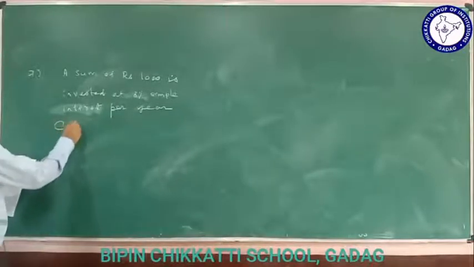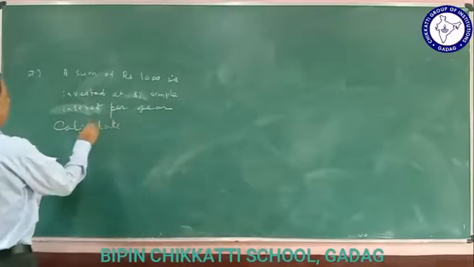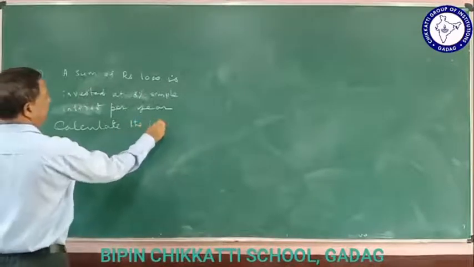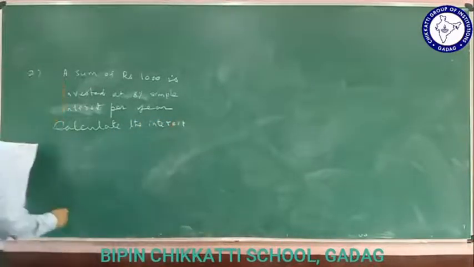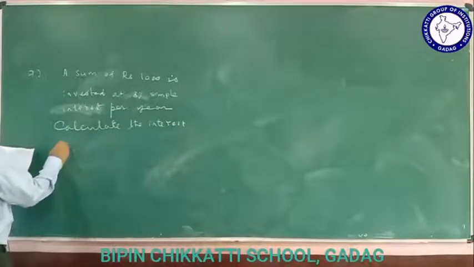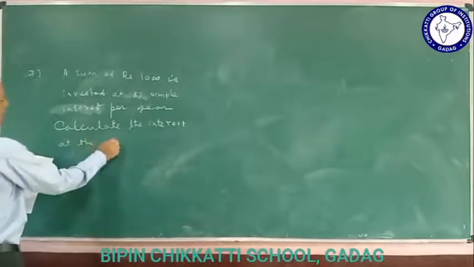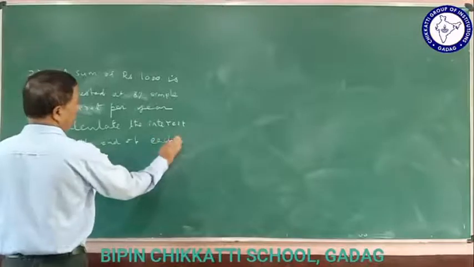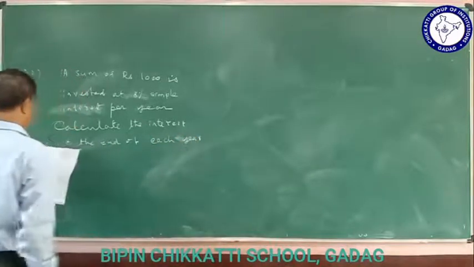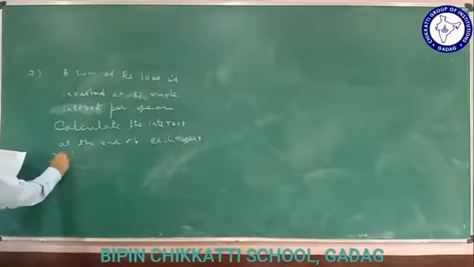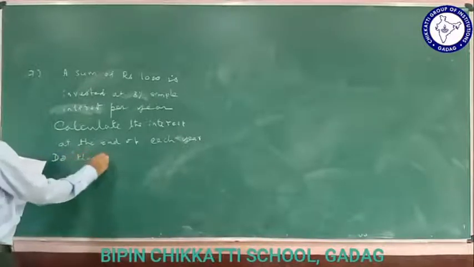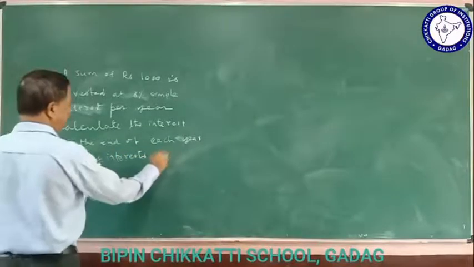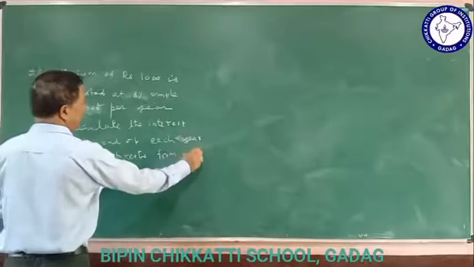Question is: calculate the interest at the end of each year. Do these interests form an AP?